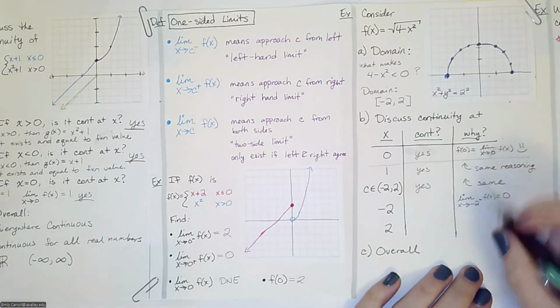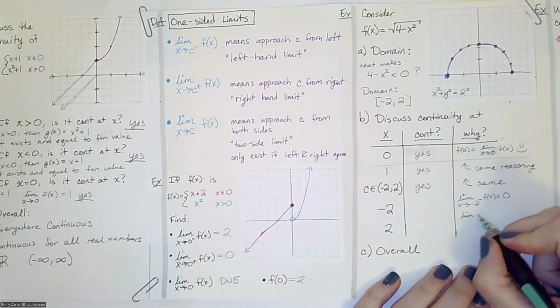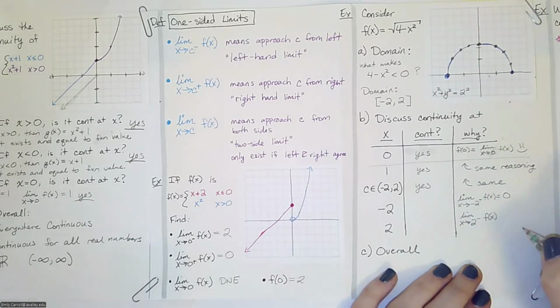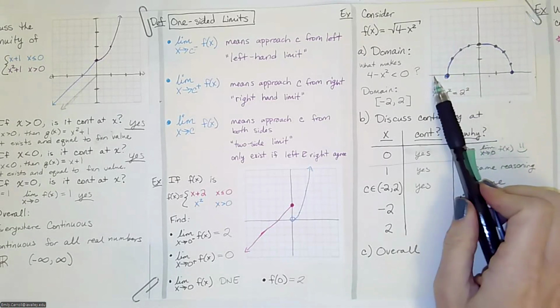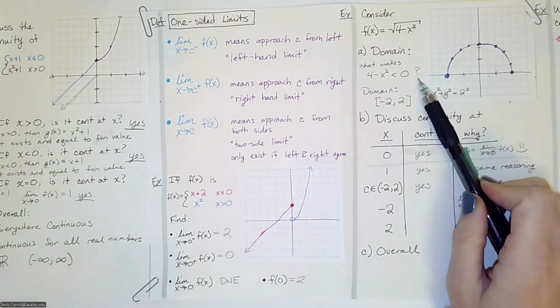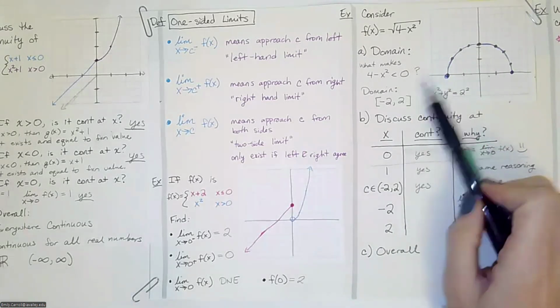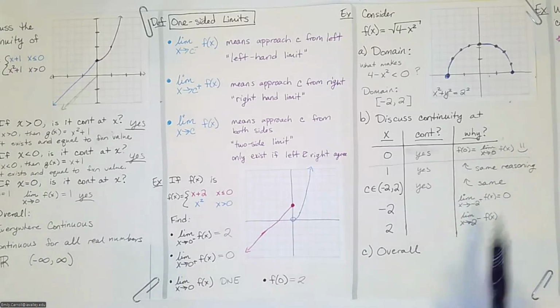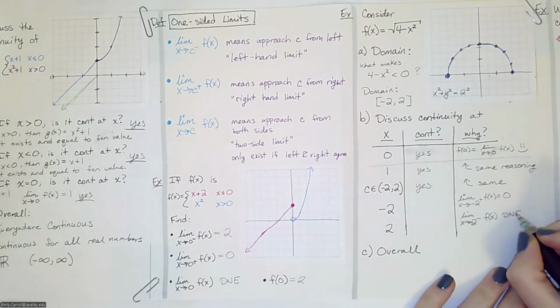What about from the left? There's nothing over here. I can't slide along anything to get towards -2. There's no way to be there. Okay, I can't talk about approaching -2 from the left because numbers that are to the left of -2 aren't in the domain. So this limit actually does not exist.